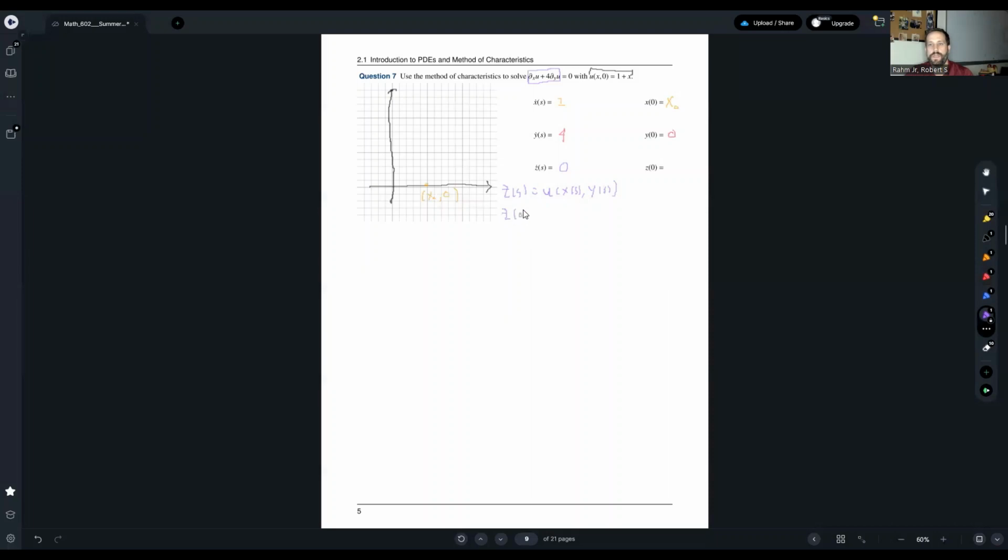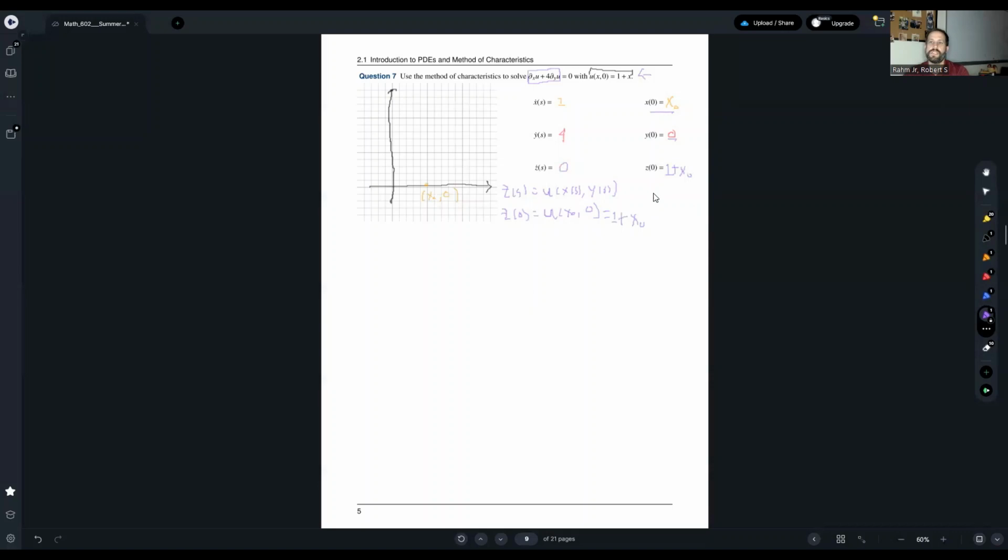So then z of 0 is going to be u of x naught, 0, because if I plug in 0 to x of s, I get x naught. That's what this says. If I plug in 0 to y of s, I'm going to get 0. That's what that says. But u of x naught, I can use my Cauchy data here. This is equal to 1 plus x naught. So this is 1 plus x naught.